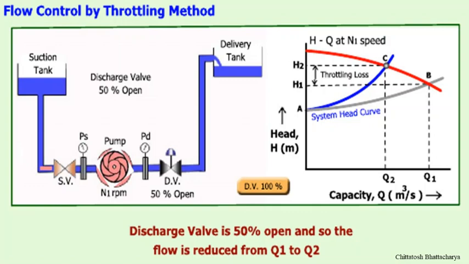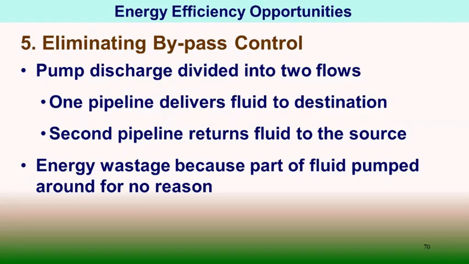The flow through the valve can also be reduced by installing a bypass control system. That is, in the discharge of the pump, the flow is divided into two channels in two separate pipelines. One is delivering the fluid to the delivery point and another is returning the fluid to the suction side or to the suction store.